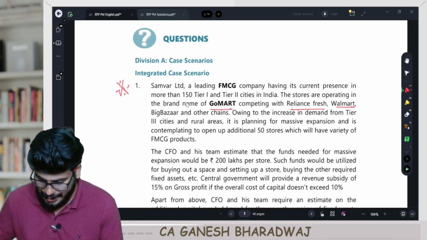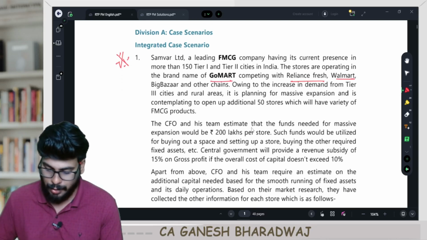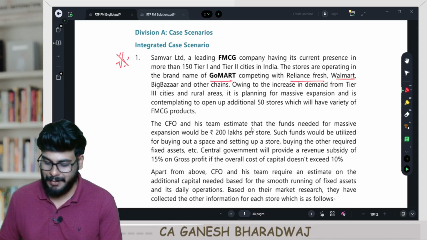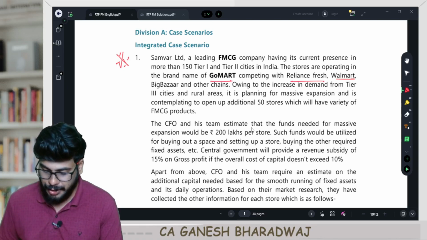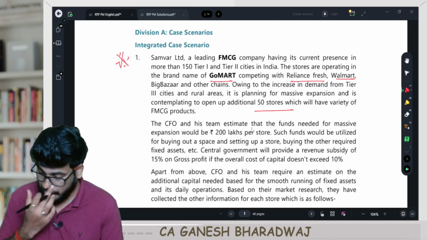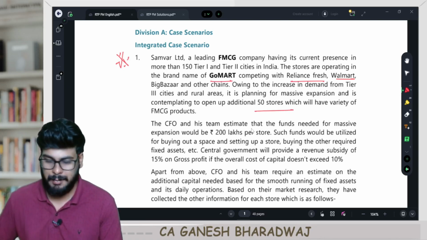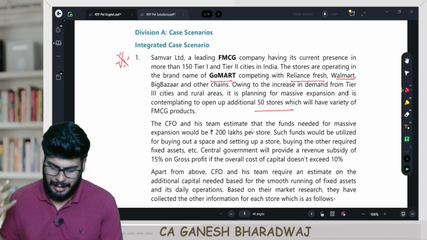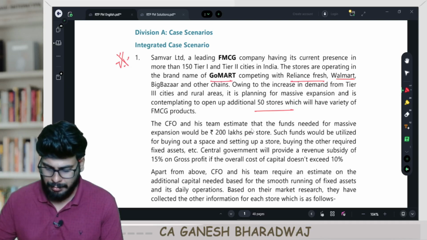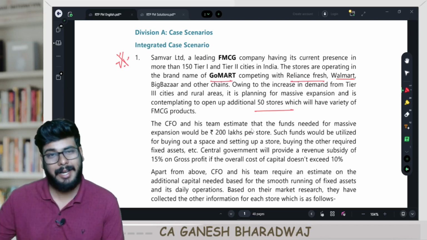Owing to the increase in demand from tier 3 cities and rural areas, it is planning for a massive expansion and is contemplating to open up additional 50 stores which will have a variety of FMCG products. Right, so basically this is a company like DMart or Big Bazaar, right? So they want to open up some additional 50 stores in tier 3 cities.